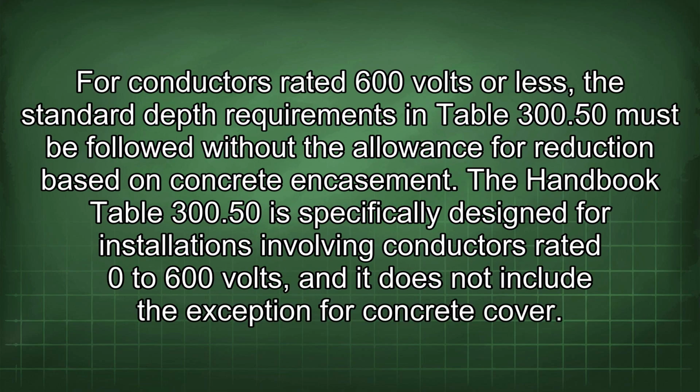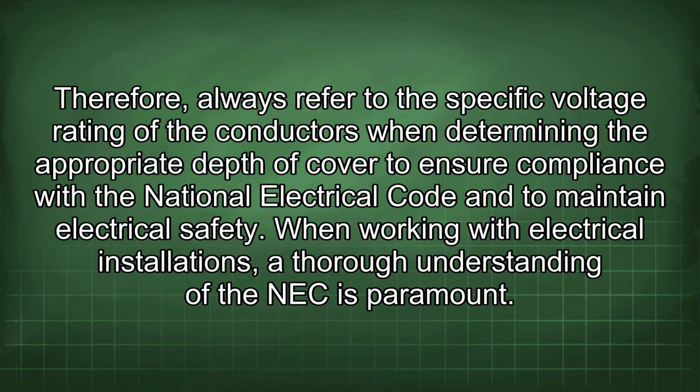For conductors rated 600 volts or less, the standard depth requirements in Table 300.50 must be followed without the allowance for reduction based on concrete encasement. The Handbook Table 300.50 is specifically designed for installations involving conductors rated 0 to 600 volts, and it does not include the exception for concrete cover. Therefore, always refer to the specific voltage rating of the conductors when determining the appropriate depth of cover to ensure compliance with the National Electrical Code and to maintain electrical safety.